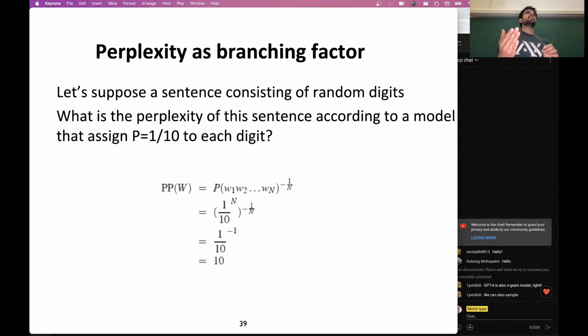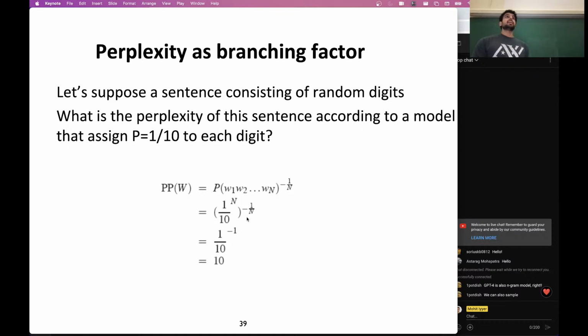And we can look at this more mathematically given this synthetic toy setting. What is the perplexity of a sentence that consists of completely random digits? There are 10 digits, right? If we have a model that just produces random digits, the probability of any digit is 1/10. So the probability of any sequence is just 1/10 to the n, where n is the number of digits in the sequence.